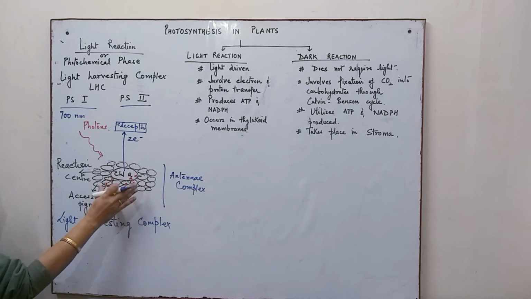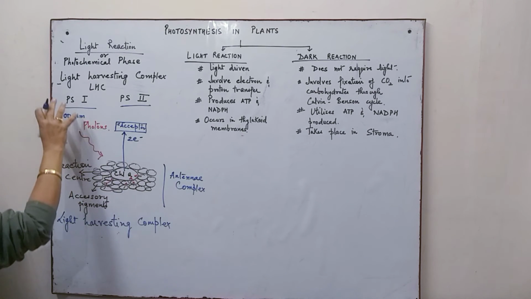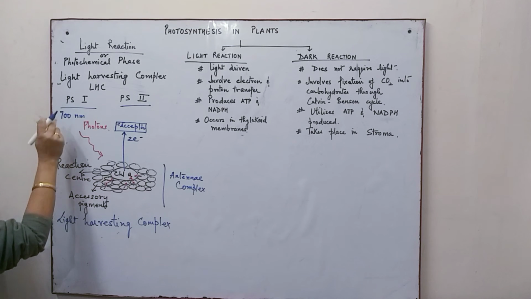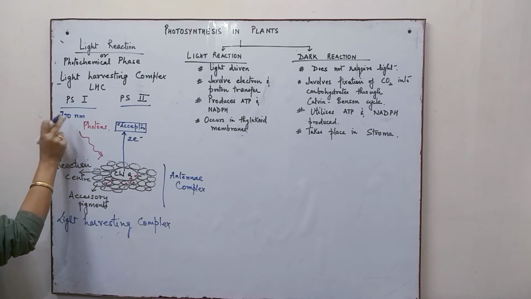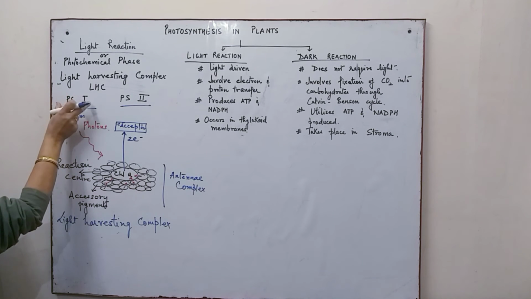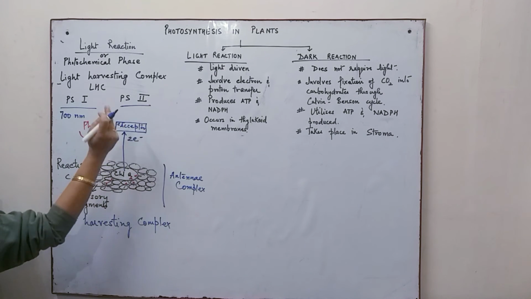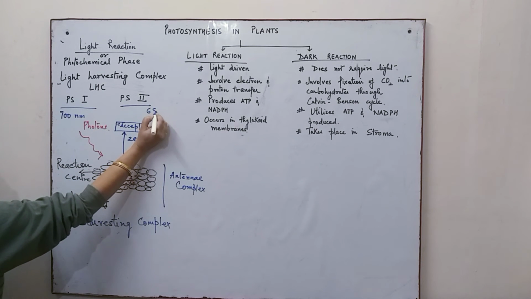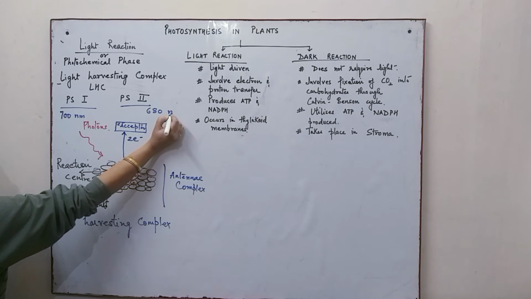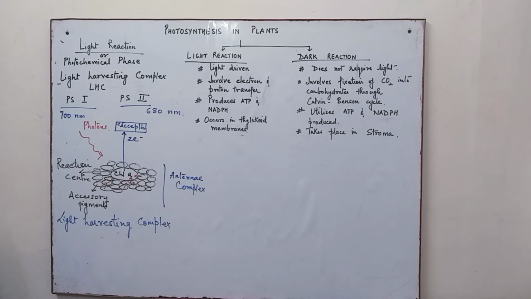The accessory pigments will also be similar, but they differ mainly in the wavelength absorption. So PS1 will have 700 nanometers and PS2, the reaction center, will absorb a wavelength of 680 nanometers.